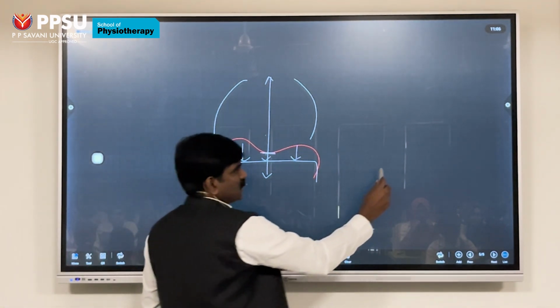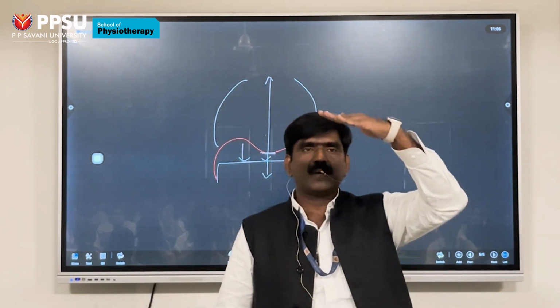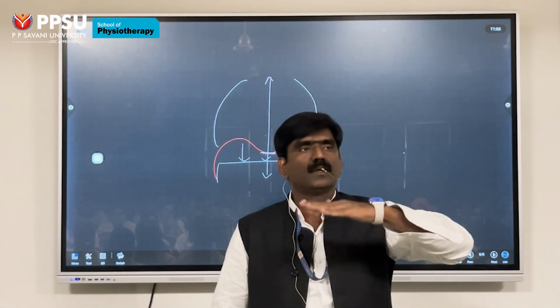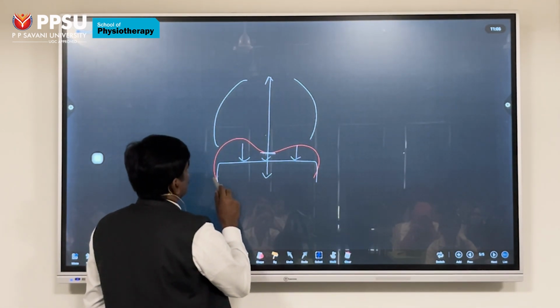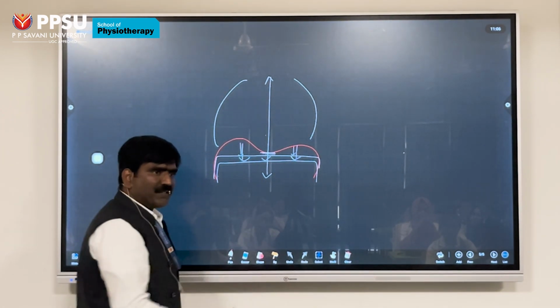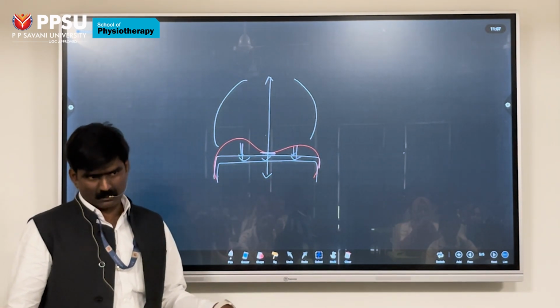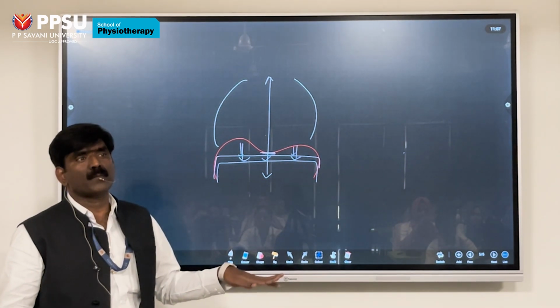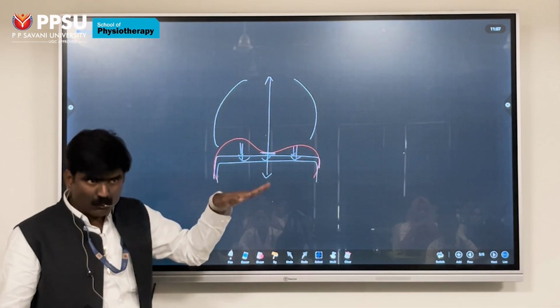So when you take normal inspiration, initially the diaphragm will go down, and after some time the diaphragm stops moving. Why? Because these three forces are opposing the downward movement.